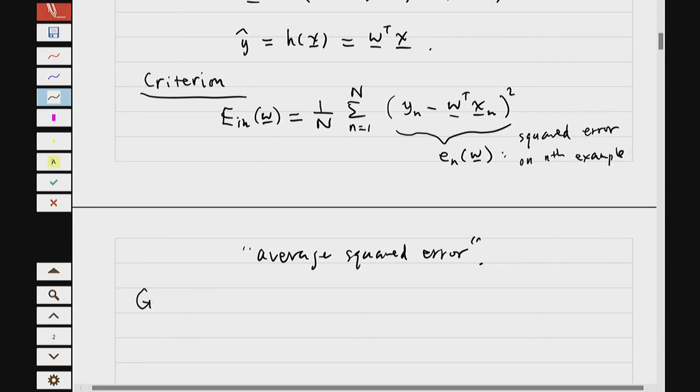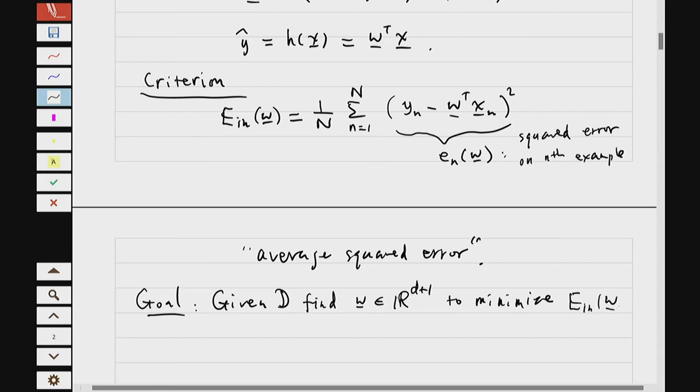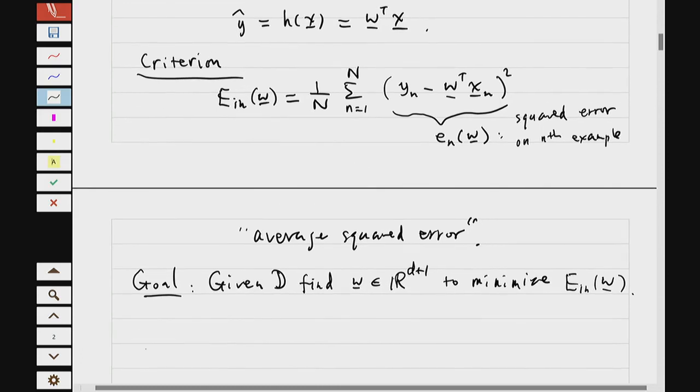Our goal again is to use our data, given some historical data in practice, and find this w, which is in d+1 dimensional space because it's augmented, in order to minimize E_in, the training error. Again, for now, we don't care about E_out, the testing error yet.